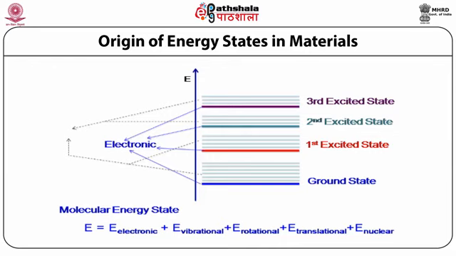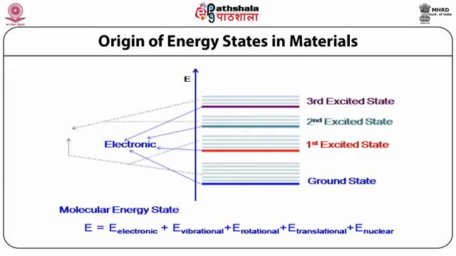In addition to the electronic states, the vibrational ground state of each electronic state is indicated with thick and dark lines. The higher vibrational states with light colored lines have been shown in figure 1.